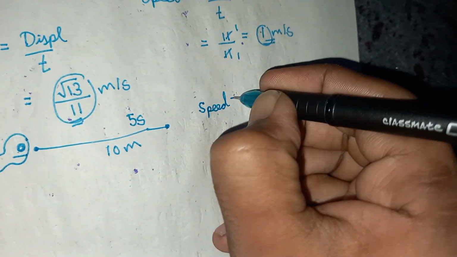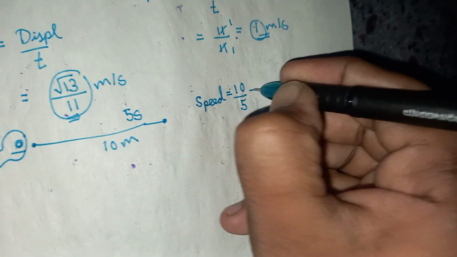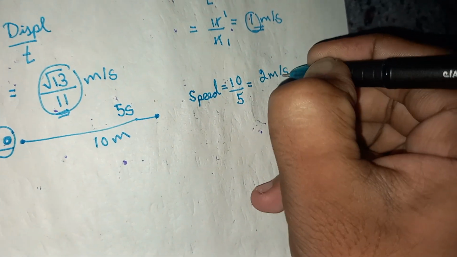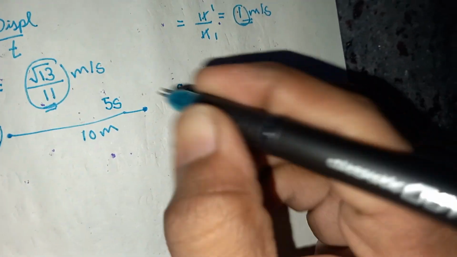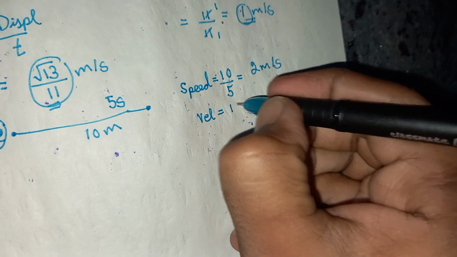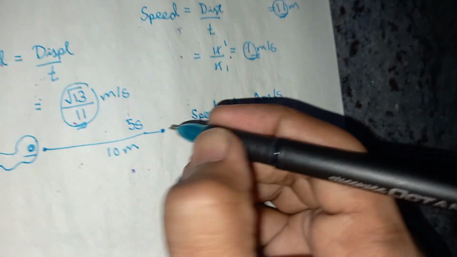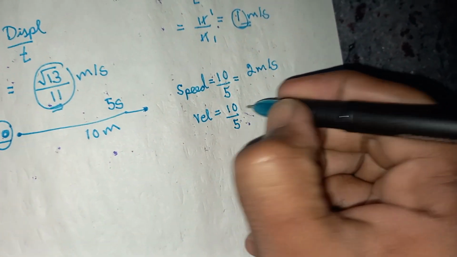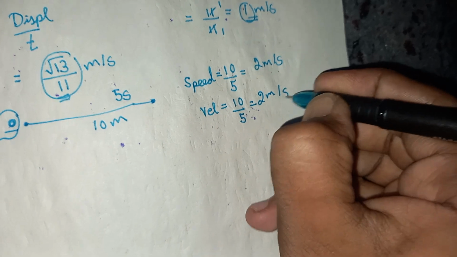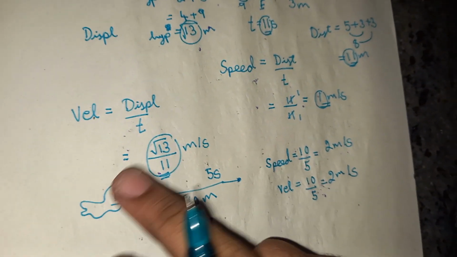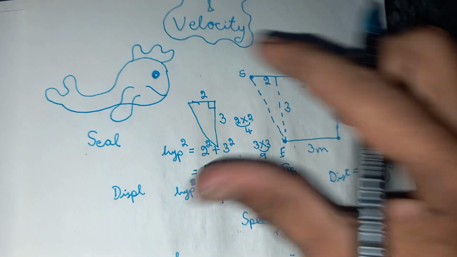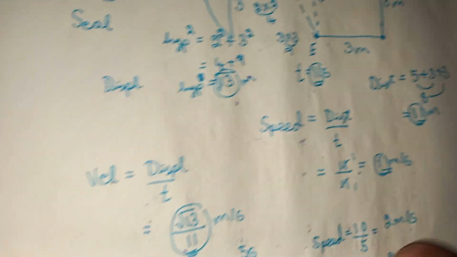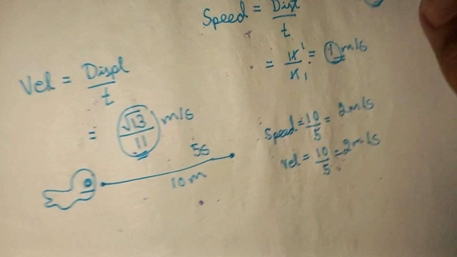Speed is distance, which is 10 by 5 seconds, 2 meters per second, and velocity is displacement by time. Here displacement is also 10 meters, and it is by 5, which is 2 meters per second. It is very rare: only when it moves in a straight line without changing direction can the speed and velocity become the same.